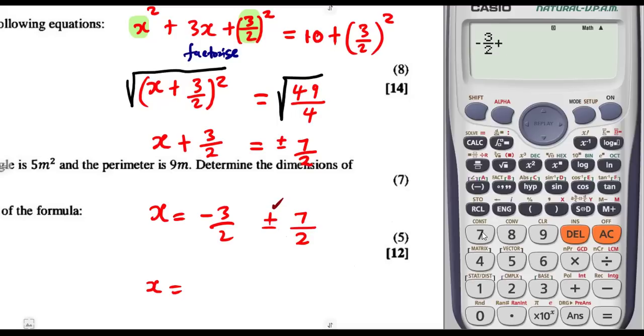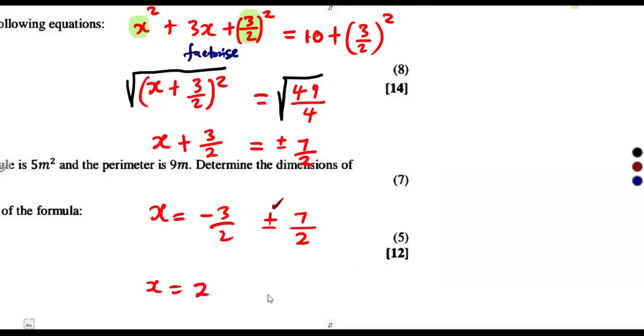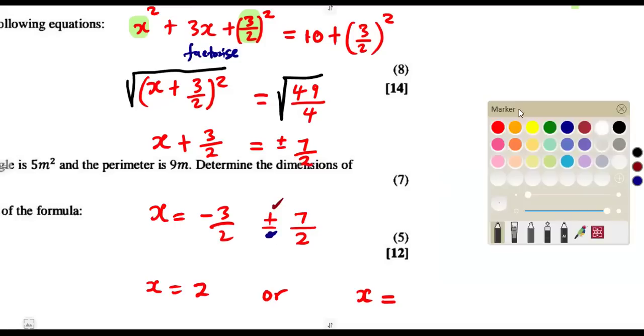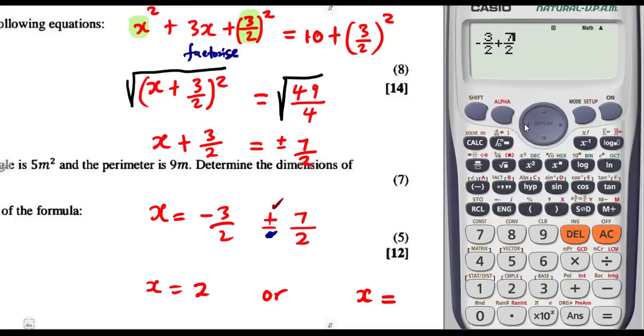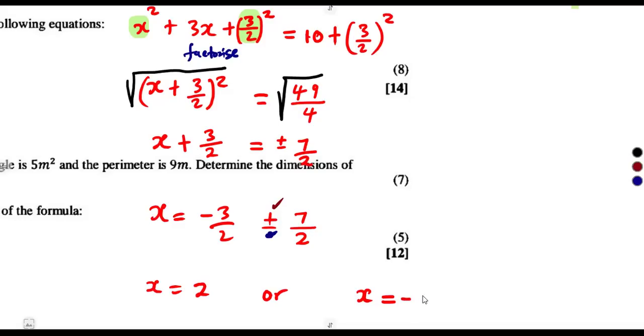So the first one is going to give us 2. Or x is going to be, we separate now, we take this one with a negative this time. So we simply change this one, put a negative there. So it's minus 7 over 2 this time. So that is going to give us negative 5. Just like that.